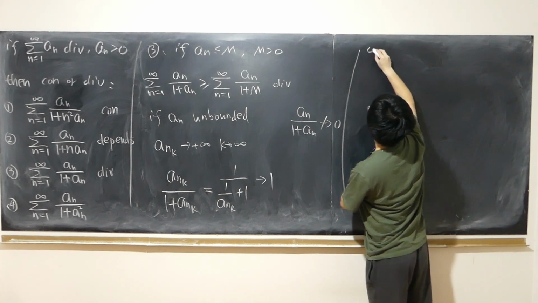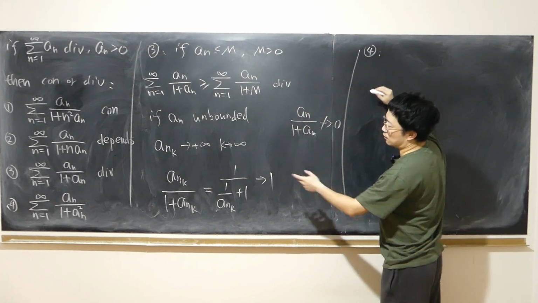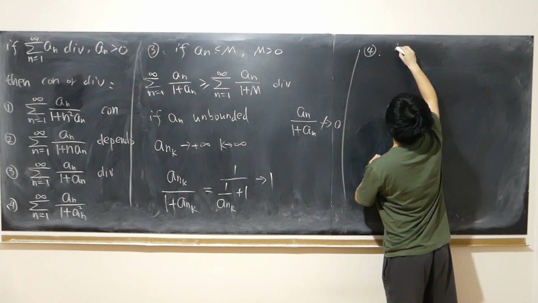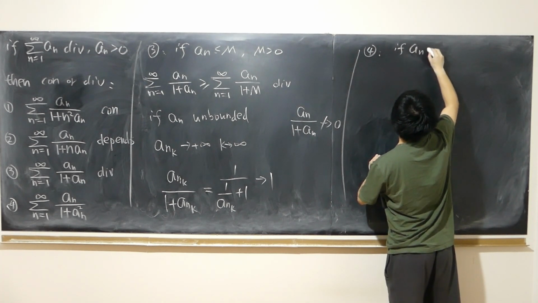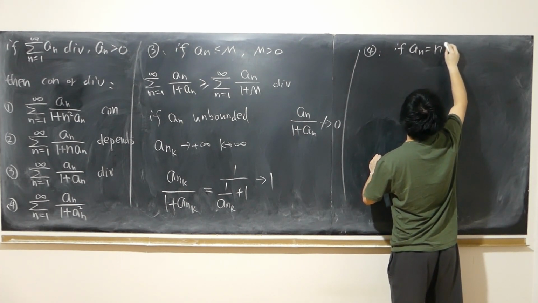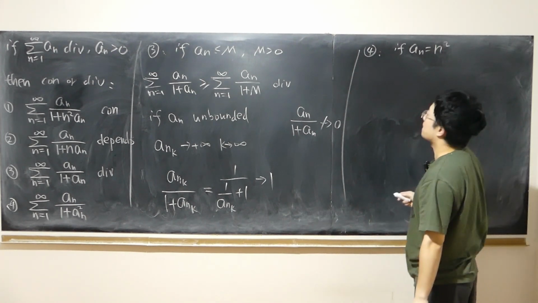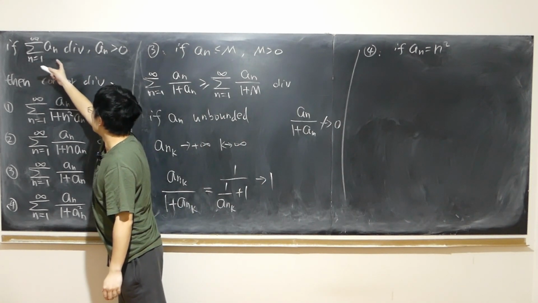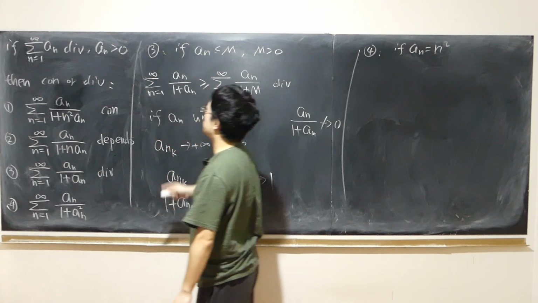Number 4: I say number 4 also depends. If a_n, let's say, is equal to n squared, what's going to happen? The sum of n squared is still divergent, still a positive series.